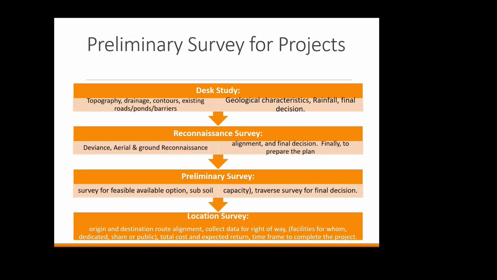Basically, the purpose of a reconnaissance survey is to collect information, for example, where we need aerial reconnaissance or where we can do ground reconnaissance. Ground reconnaissance means that if I am at the physical station, I can see the city orientation, the alignment direction, and also how many people we can facilitate through our alignment.